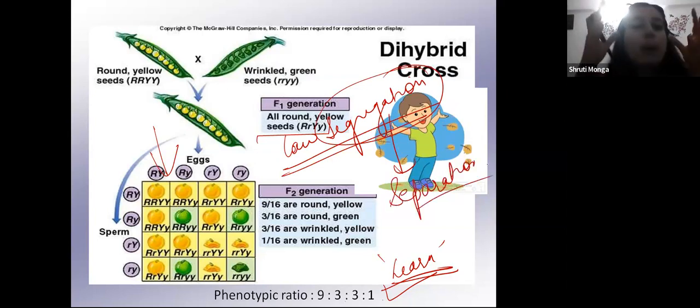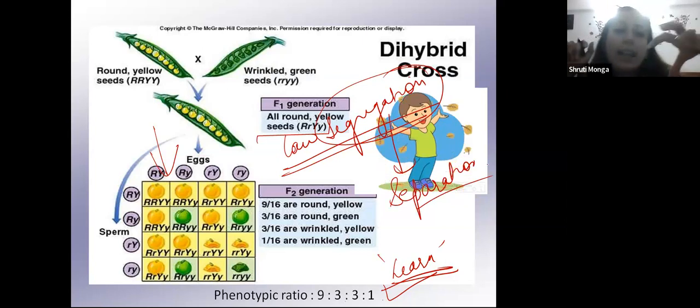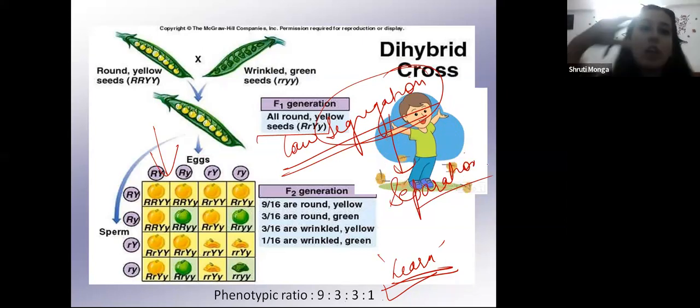Suppose you have got a pencil box, a pouch in which you have kept pencils, erasers, sketch pens. You have kept a lot of things in that single pouch. Now, if I ask you to separate all the stuff, how are you going to do it? You will take out the pencils and keep them in a separate place. You will take out the sketch pens, keep them separate.